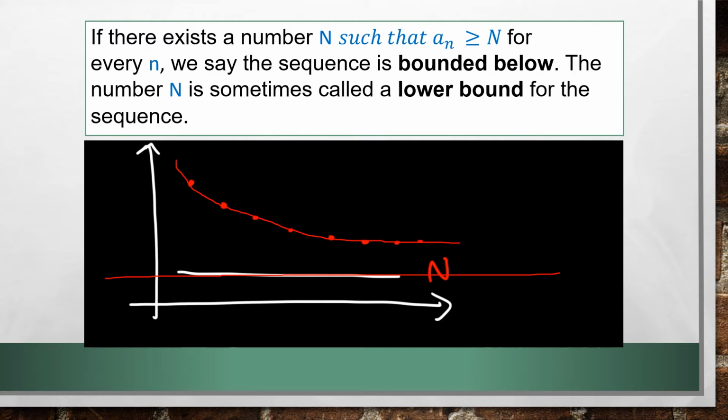The graph of this given sequence will not go beyond this line, meaning no sequence term will be less than the value of n. If that is the case, then n is the lower bound of this given sequence.